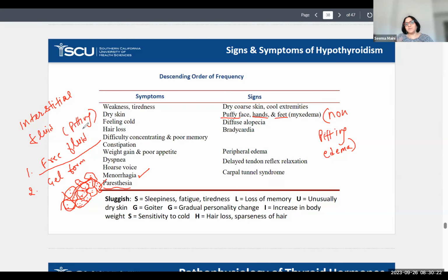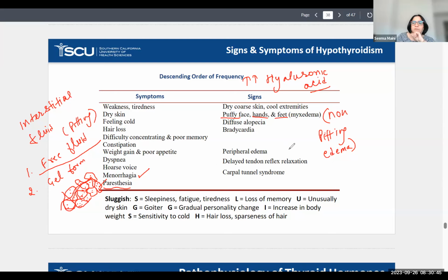That is because the fluid is in this gel form. And because this patient has an increased level of hyaluronic acid, there is accumulation of fluid in the gel form.